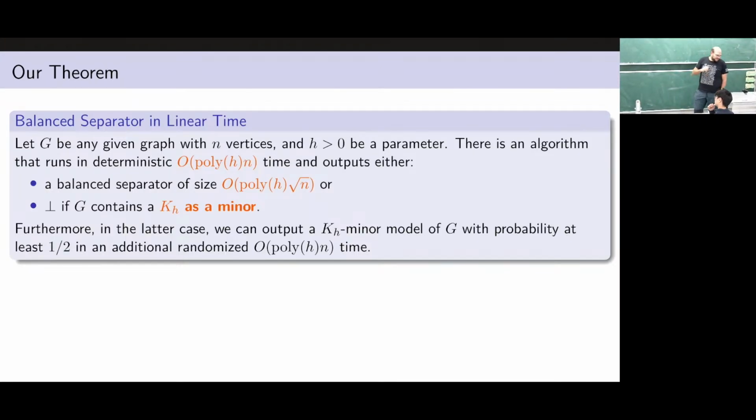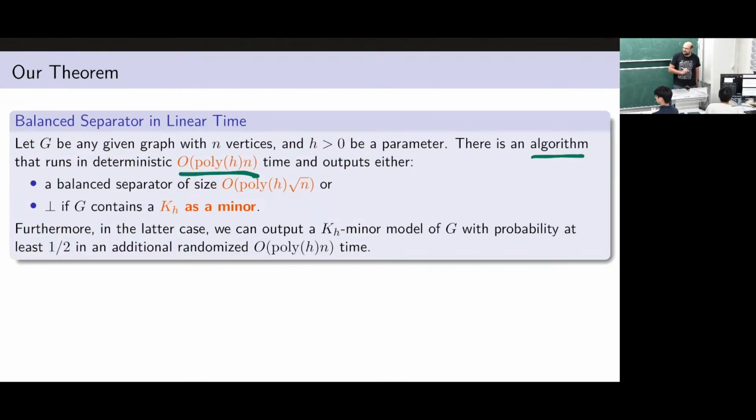So what we will do is show how to do it in linear time by a completely different technique. Let's go slowly through the statement. The claim is that we have an algorithm that runs in poly(h) times n time, and we have two outputs.